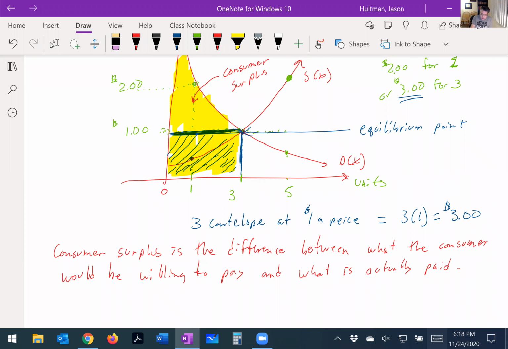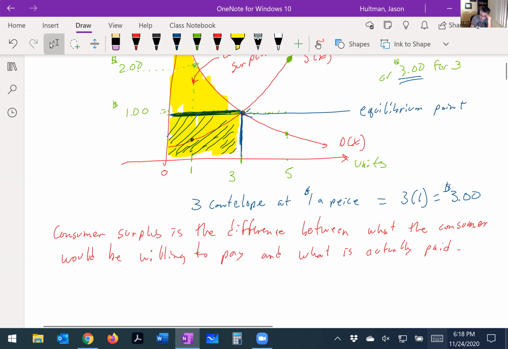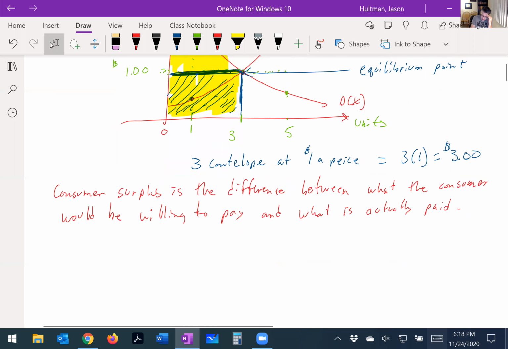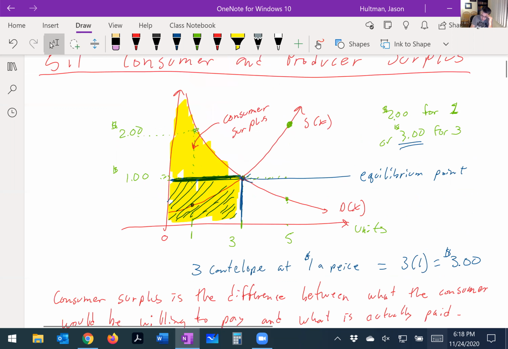So the consumer surplus is being restricted by the demand curve. We're going to integrate the demand curve, and then subtract off the area of the rectangle to get the surplus.